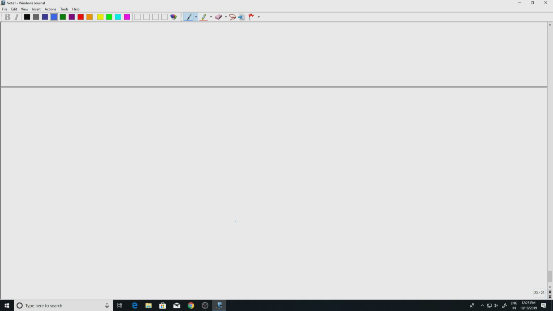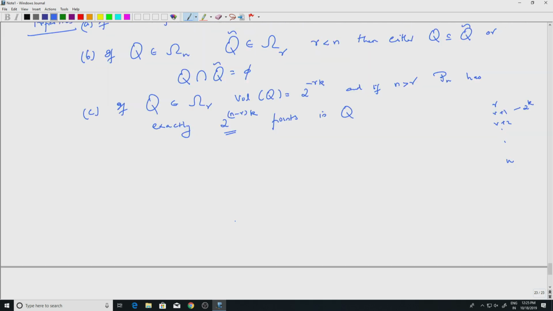Okay. So, let us see, we need one more property D. This is something which you have seen already. Every non-empty open set in Rk is a countable, so that is important, disjoint union of boxes in omega n.